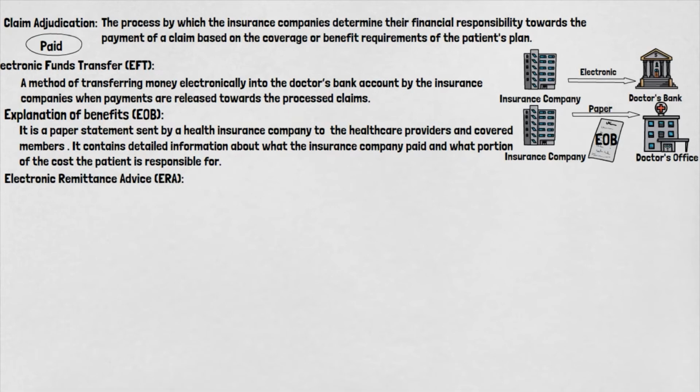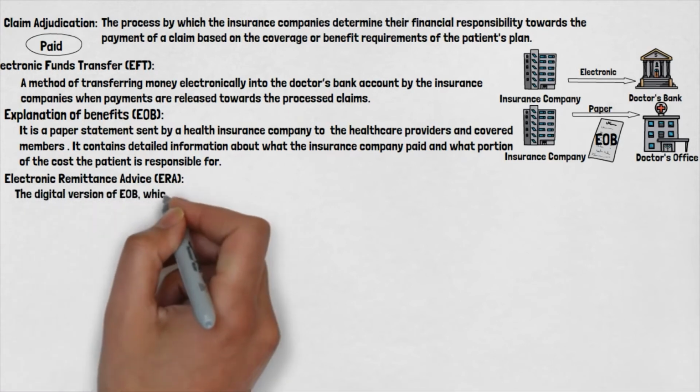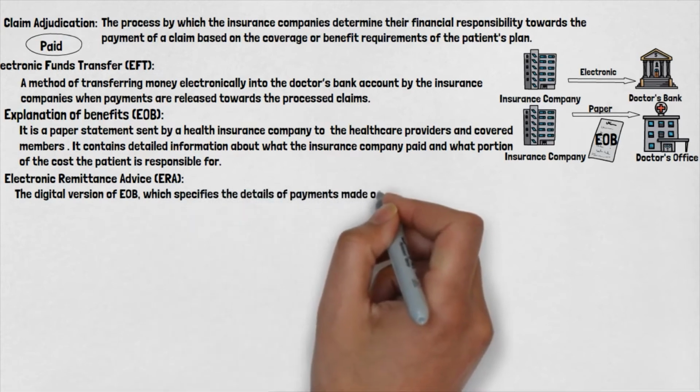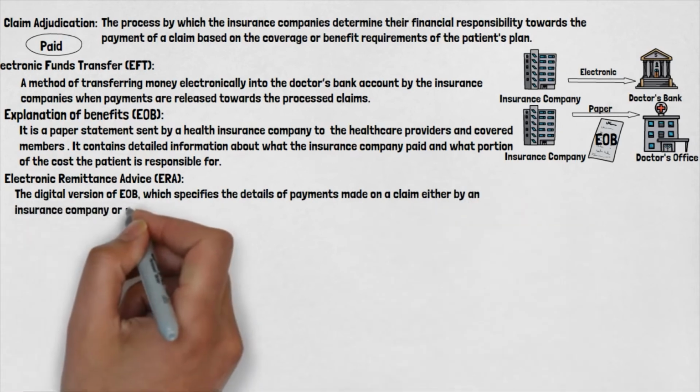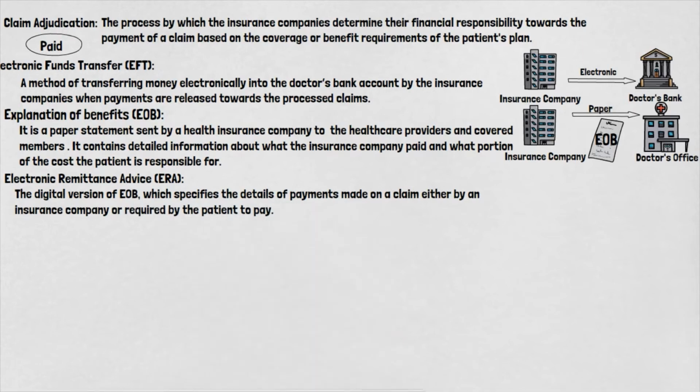Now the next one is electronic remittance advice, ERA. The digital version of EOB, which specifies the details of payments made on a claim, either by an insurance company or required by the patient to pay.